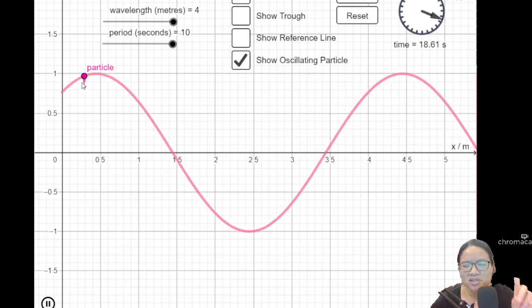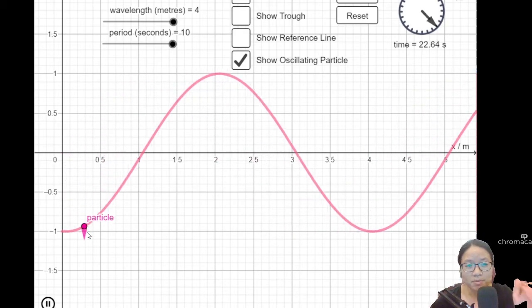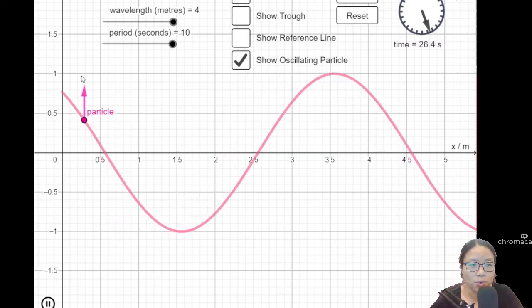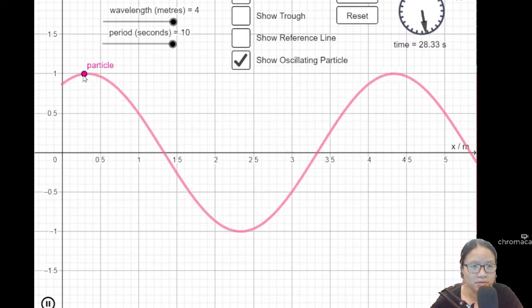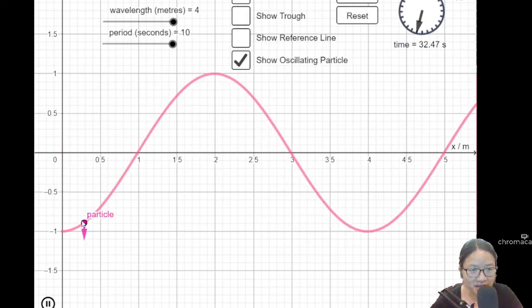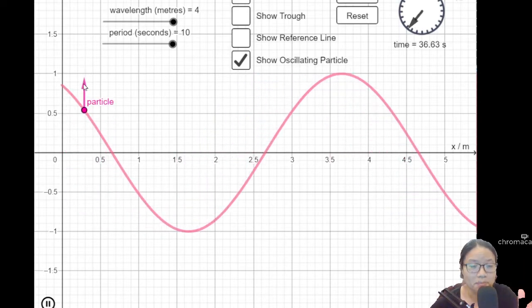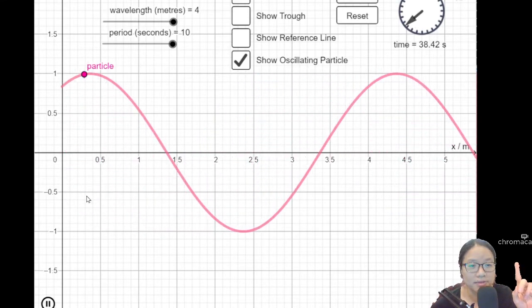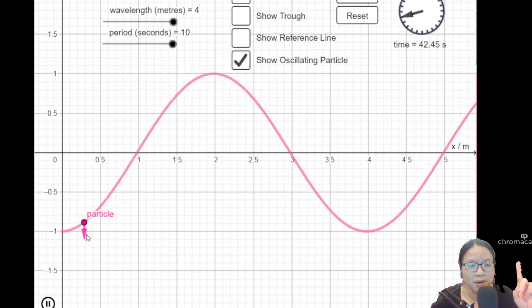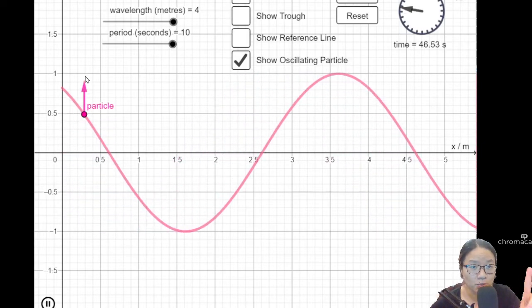So this looks like an oscillating movement, and we can measure the time taken for it to travel up to 1, and then travel down to -1 before traveling up again. So we are measuring the time taken for the particle to complete one single oscillation. All right. So basically for the particle to return to the original position. Okay. So that could be the first thing that we can time.